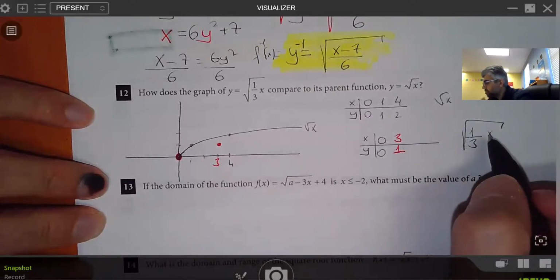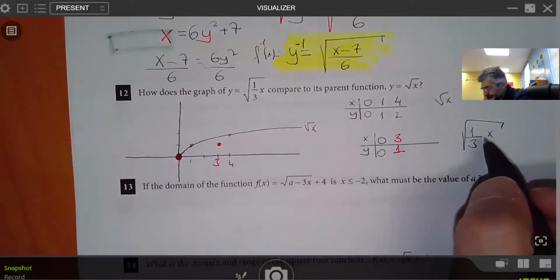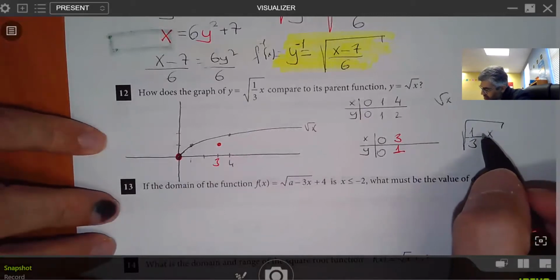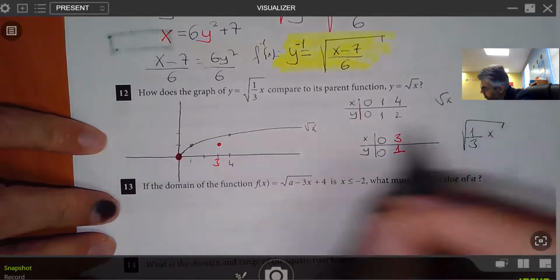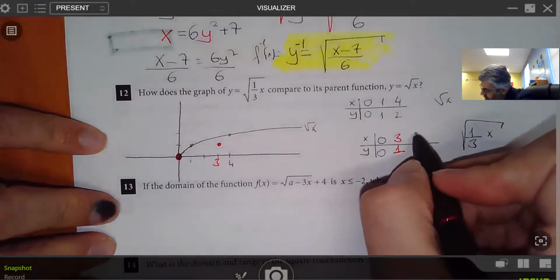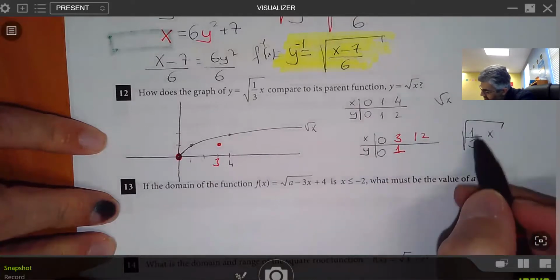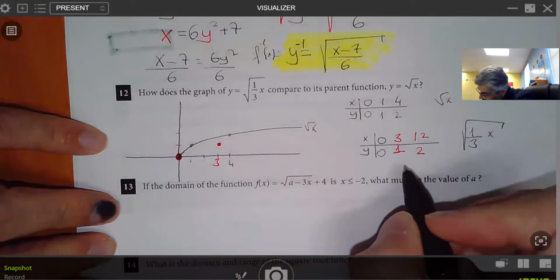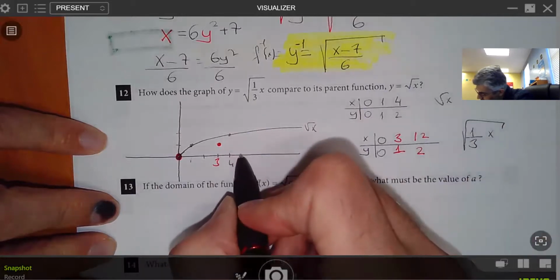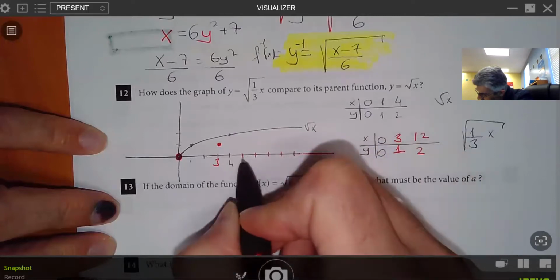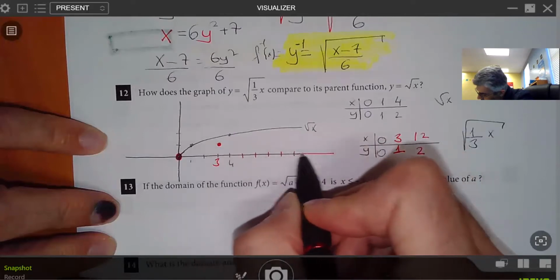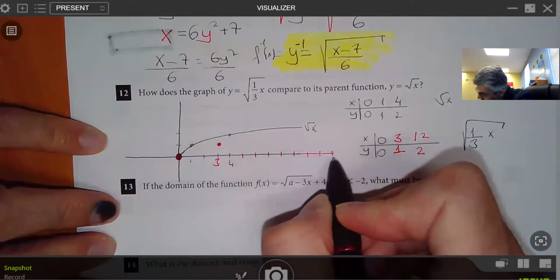I cannot show it, I think, so I can use 12. If x is 12, 12/3 is 4, square root of 4 is 2. For 12, it will be 2. 5, 6, 7, 8, 9, 10, 11, 12.